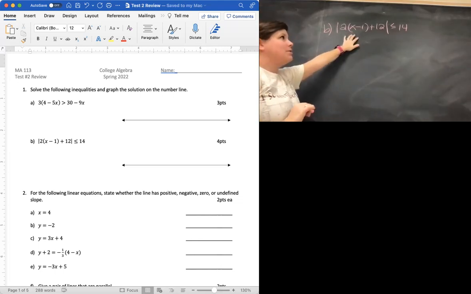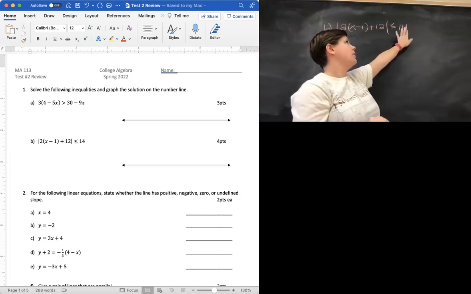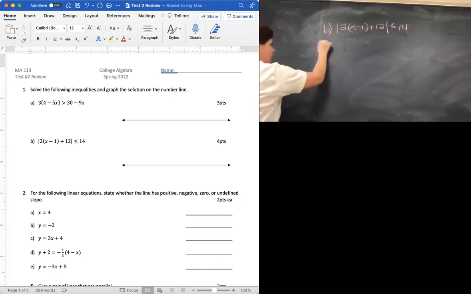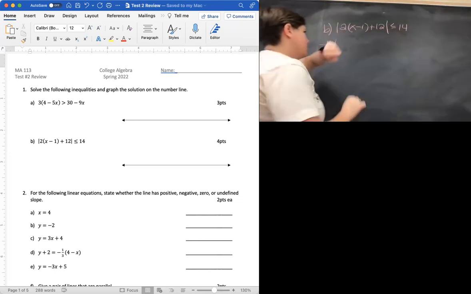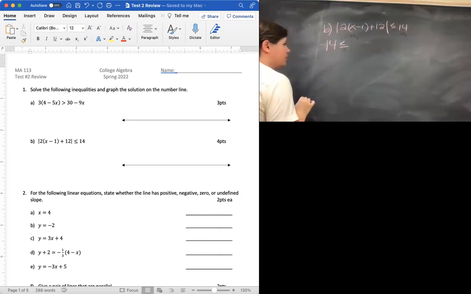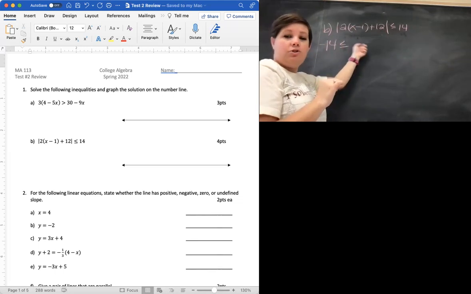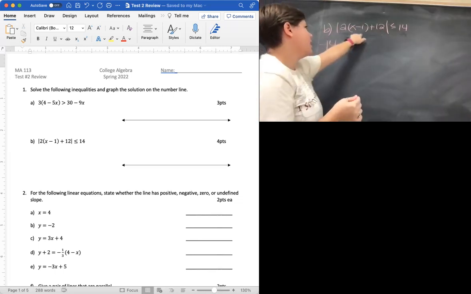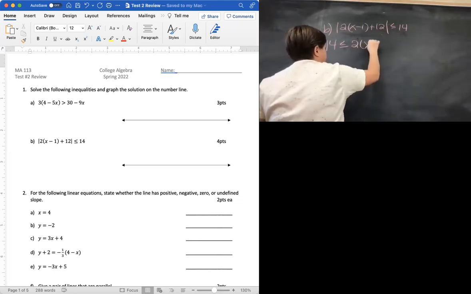When we have the absolute value in our equation and it's an inequality, what we do is we write the solution, that 14, and we write -14, and it was less than or equal to, so we write less than or equal to. And we write everything that was in our inequality in the middle, just without the absolute value.